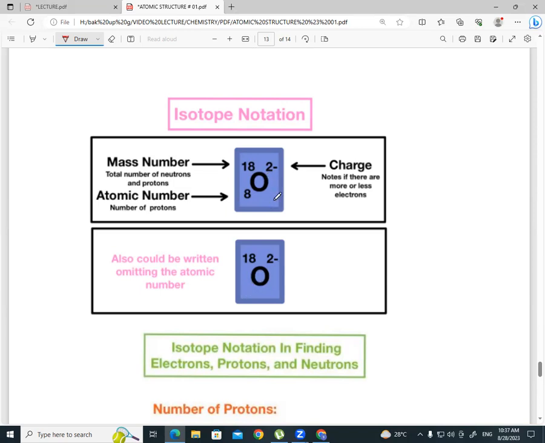And remember that the charge of any isotope will not change its chemical properties, because in a chemical reaction electrons are involved, so they are lost or gained, or in some cases shared with each other. So the chemical properties of isotopes remain the same, but their physical properties are different because of the increase in their mass number.